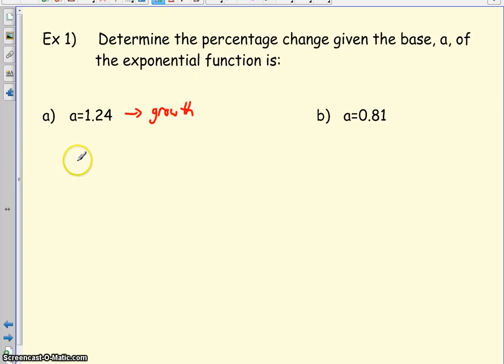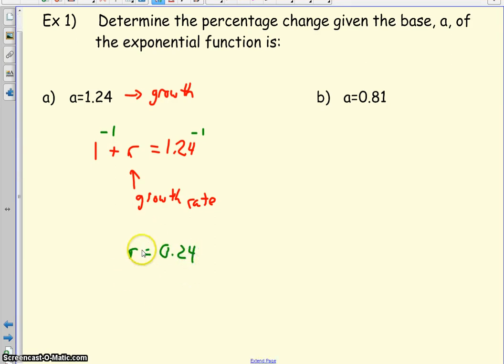In general our base is going to be 1 plus r, where r is the growth rate. So to find our growth rate, we need to solve for r. We know that 1 plus r is equal to 1.24. How do we solve for r? It's simply a matter of subtracting 1 from both sides of the equation, so we wind up with r being equal to 0.24.